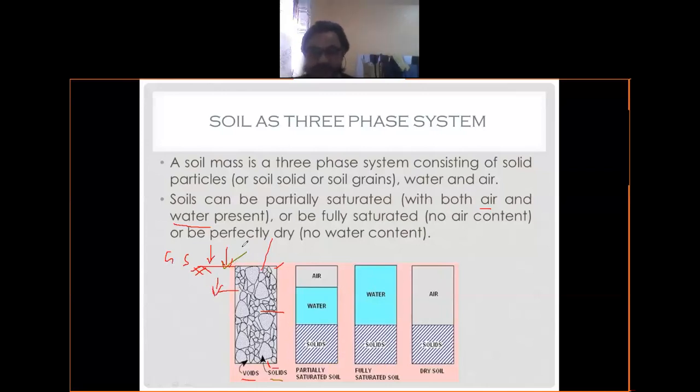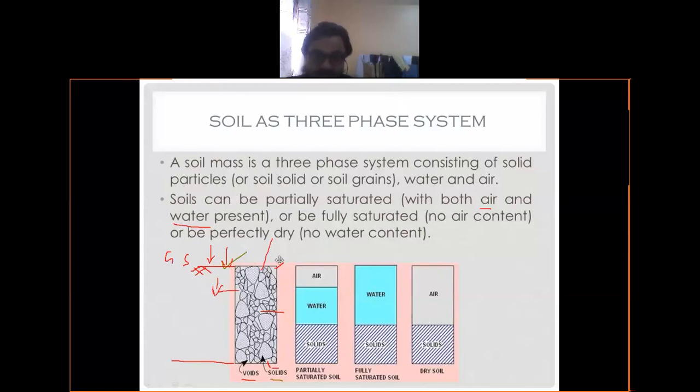So the vacant spaces that we already mentioned, known as voids, may be filled with water. Suppose we are considering only up to this depth, from the ground to here. If you consider only this depth, the whole voids will be filled up with what? It will be filled up with water.